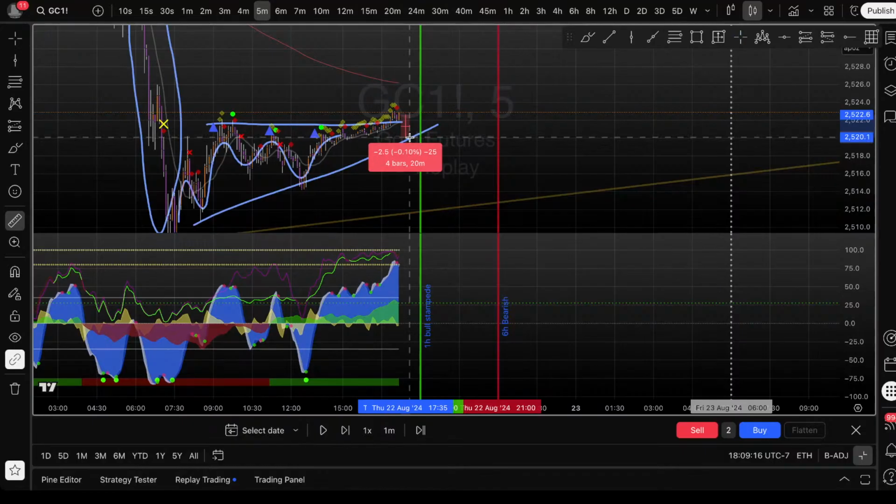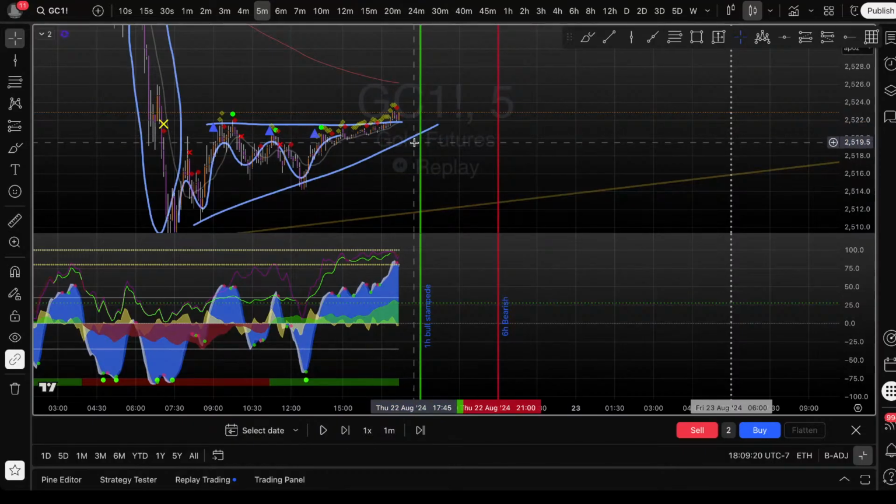Let's see. I mean, if she could get back down here, we'll think about going long. Oh, the FOMO. Oh dear.